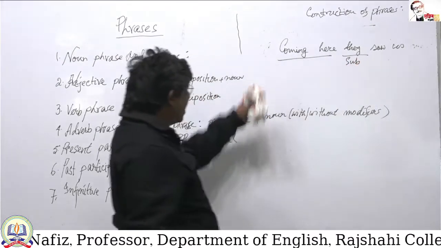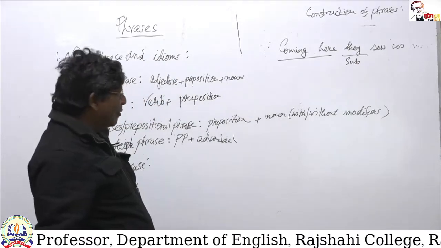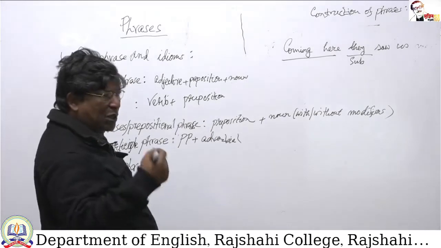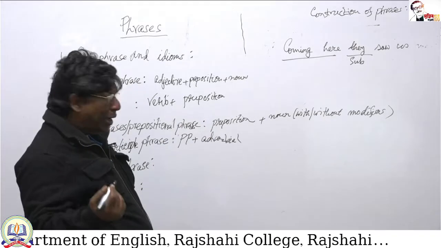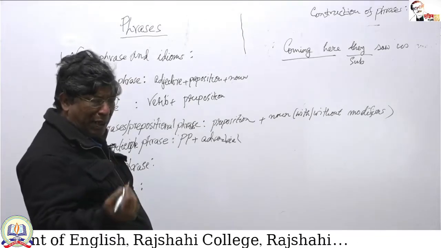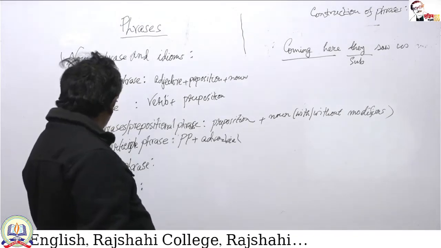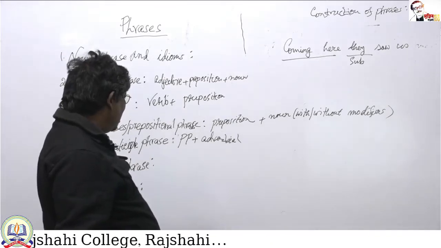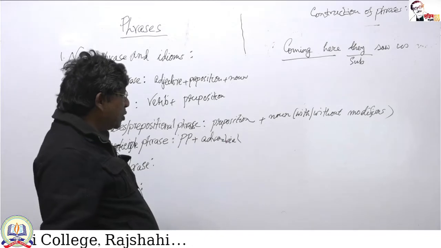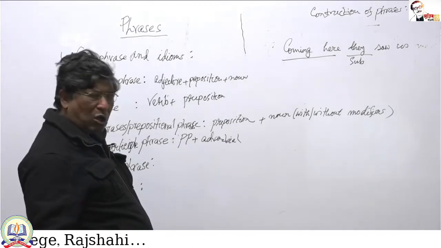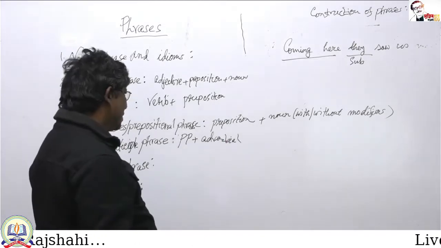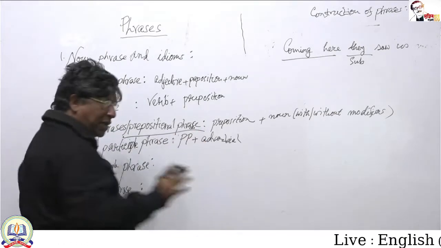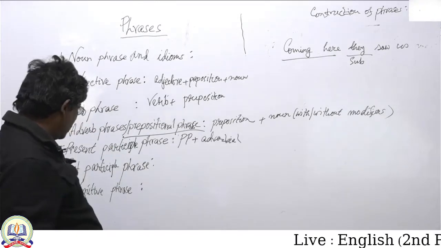Here coming is with an adverb here, or in the previous sentence we saw that the present participle was followed by an adverbial phrase. So adverb phrases are made by the use of a preposition followed by a noun with or without modifiers. Well, then what is the prepositional phrase? I am coming to that point later on.